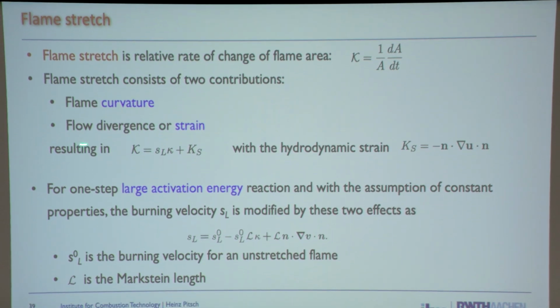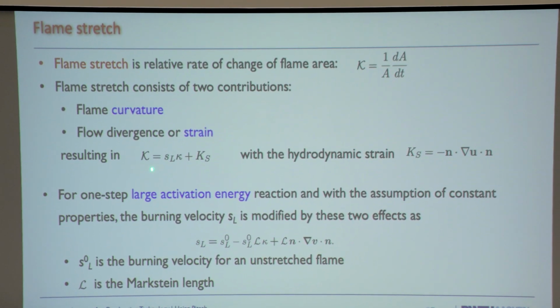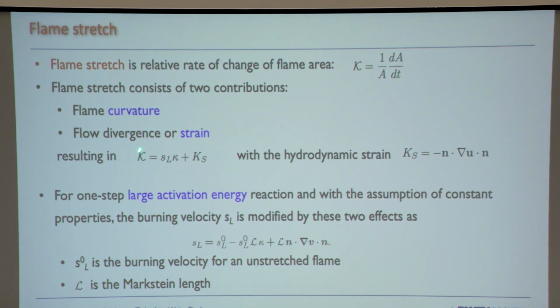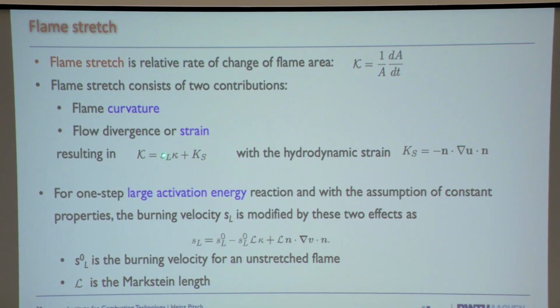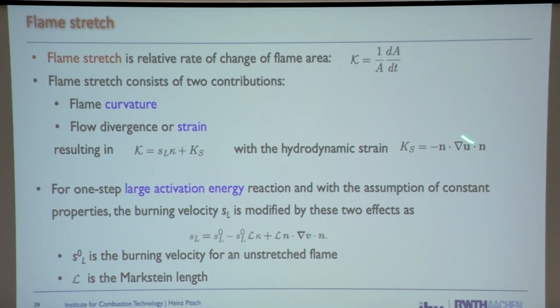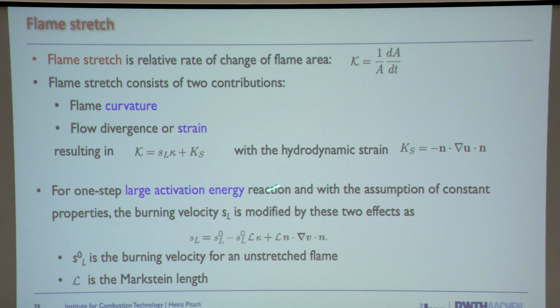And this results in something like this. The stretch, or the rate of change, is SL times kappa plus this K, the hydrodynamic strain, which is evaluated in some way, but strain is just a velocity gradient.